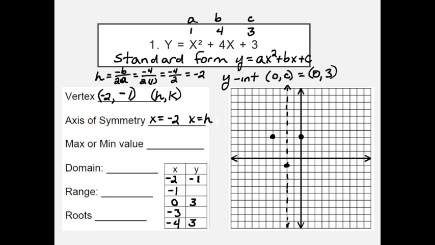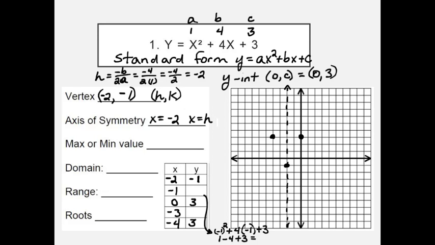So now we're going to have to figure out these other 2 points. So I'm going to use the -1, and I'm going to put it in the equation, which is x squared, so it's -1 squared plus 4 times -1 plus 3. So that's 1 minus 4 plus 3.